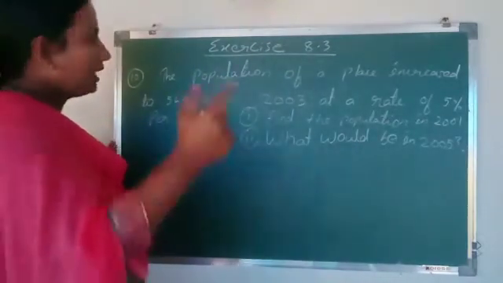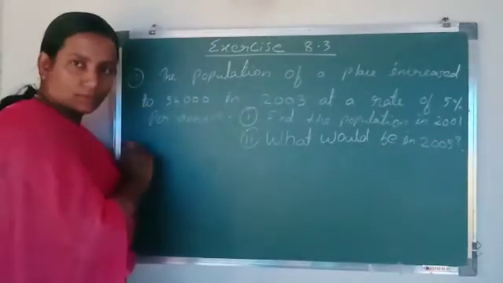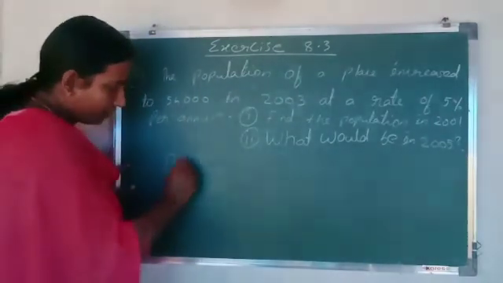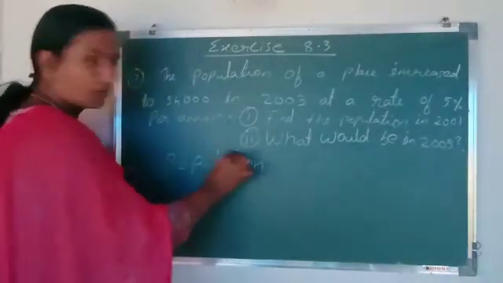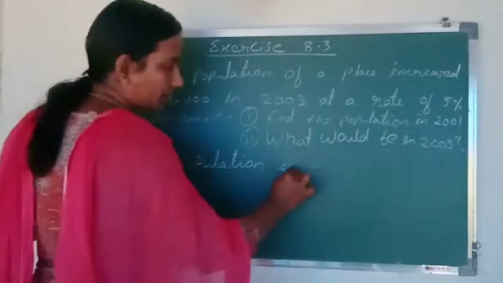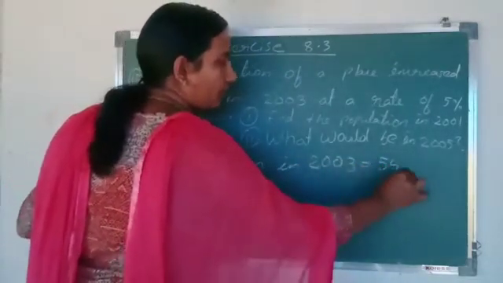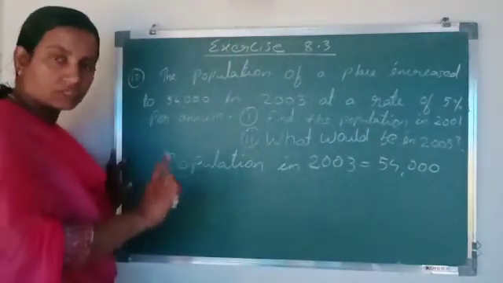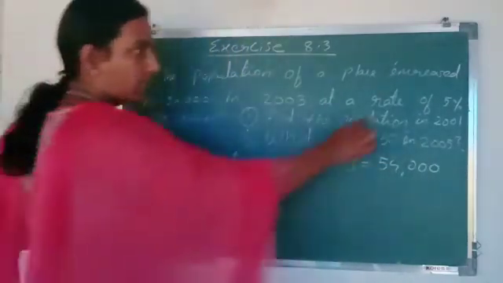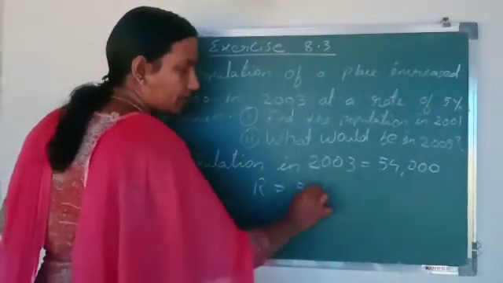So given that the population in 2003 is equal to 54,000, and the rate is 5%, that means R is equal to 5%.